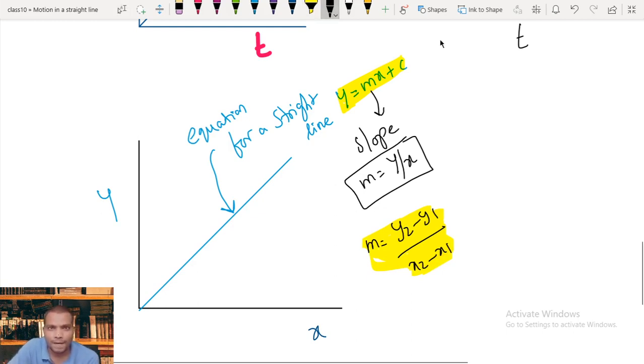Okay, now let me consider two points on the x-axis. This is one of the points. I would like to find the slope at the two locations.